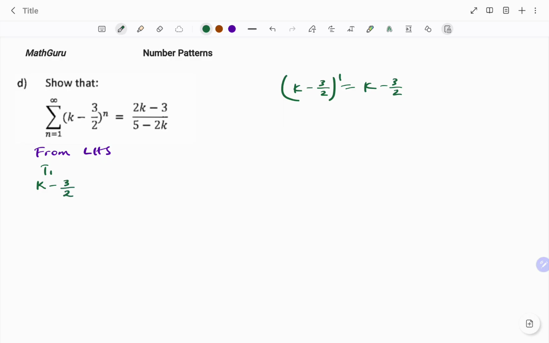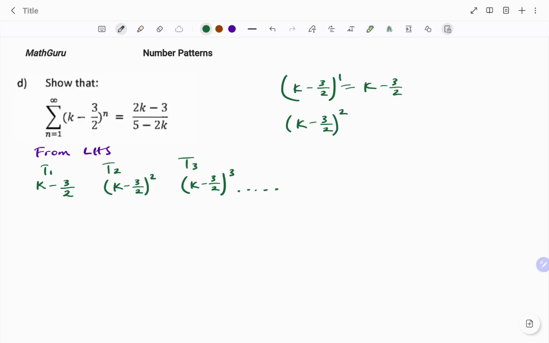The second term, I'm going to have (k - 3)/2, n is 2, so I'm going to change that to 2. So the second term is going to be t2, which is ((k - 3)/2)^2. So I'm going to do the same for the next term. t3 equals ((k - 3)/2)^3, and this goes on.